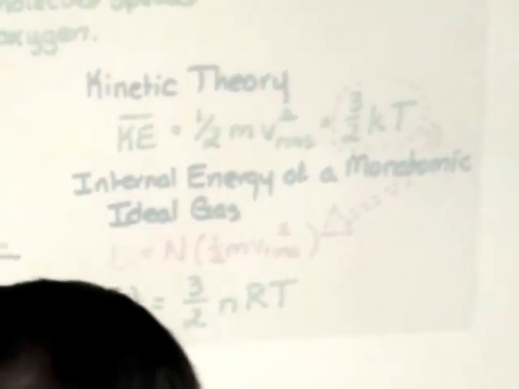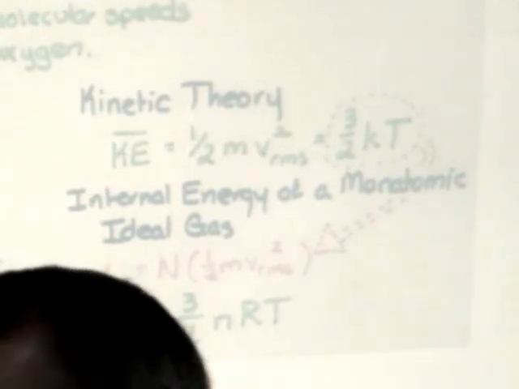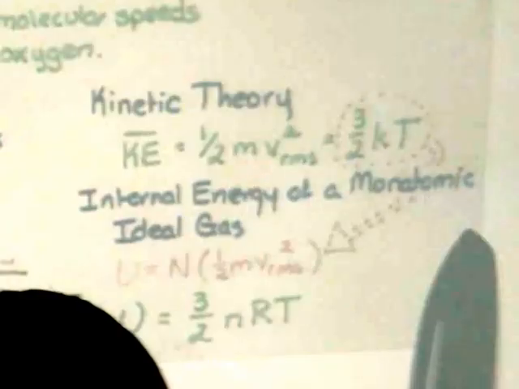Here it's, I don't know, 300 for the blue, 1200 for the red. And you can find the kinetic energy of the particles. Now that's the average kinetic energy of the particles.